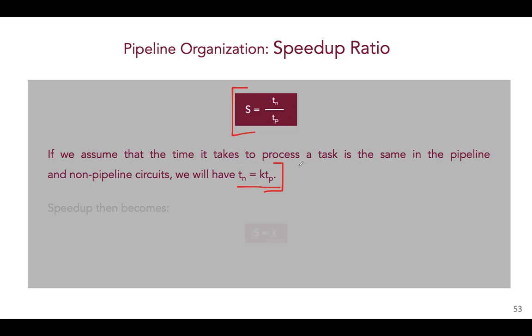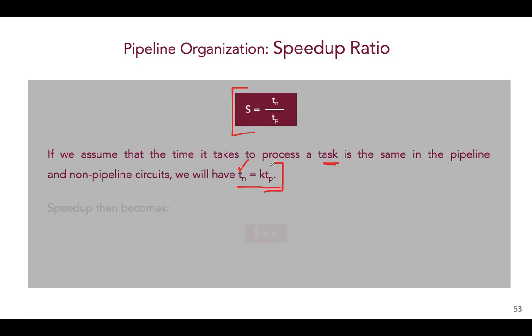See, if we are saying that the time it takes to process a task is the same whether it's a pipeline system or a non-pipeline system, that means Tn, which is the time it takes in a non-pipeline system, will be k times Tp. Why k? Because the pipeline has k segments, right? So every time that task moves through each of the segments, it will take more time and more time and more time.